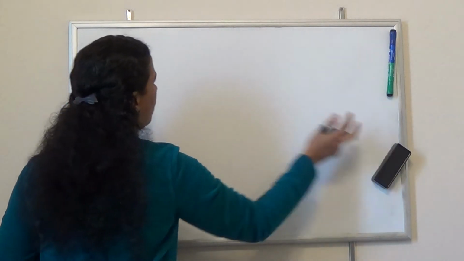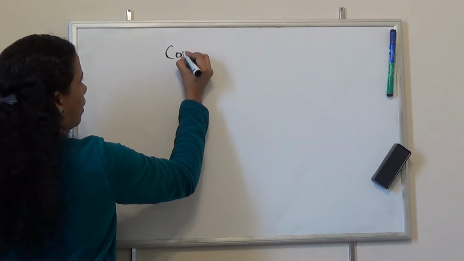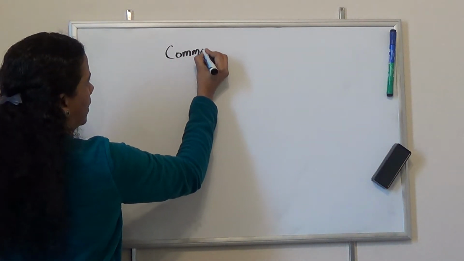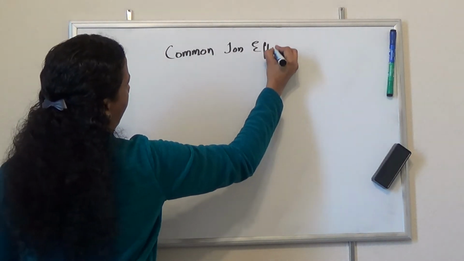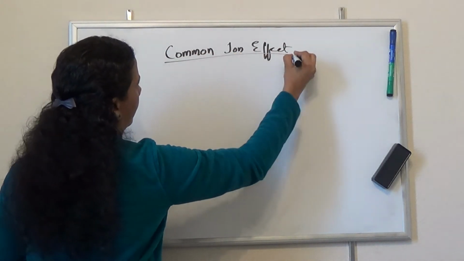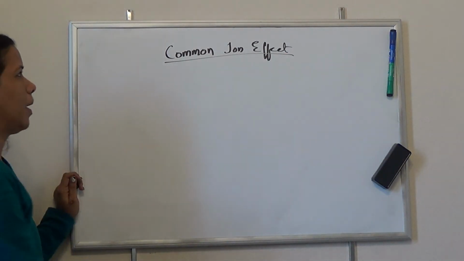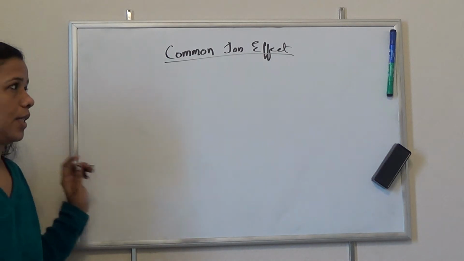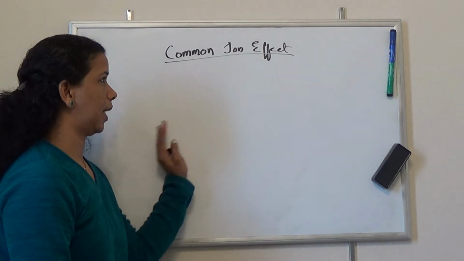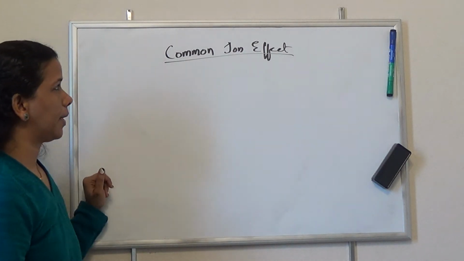Next we will study another effect that is called the common ion effect. It's a very important one. We can explain the common ion effect using Le Chatelier's principle, which we already learned in another class.